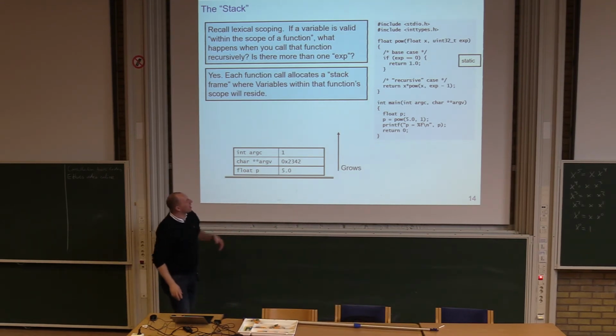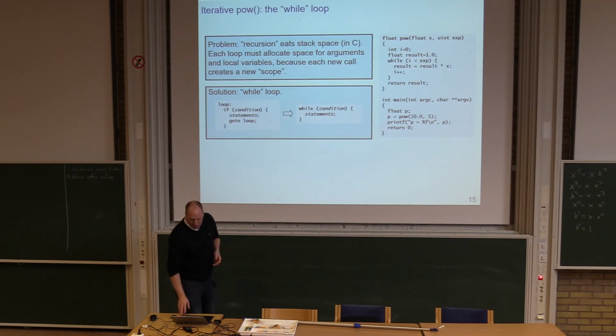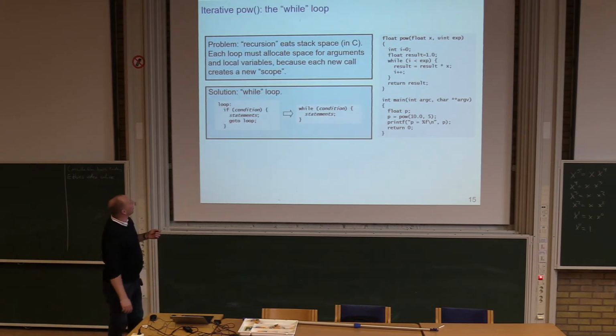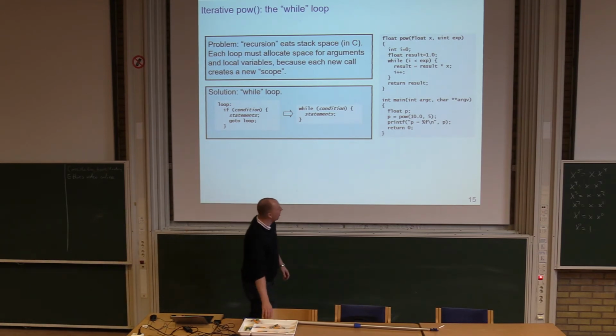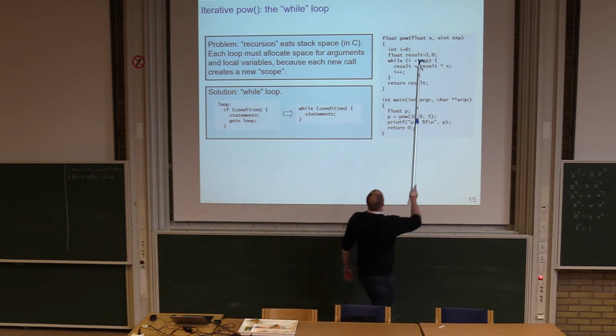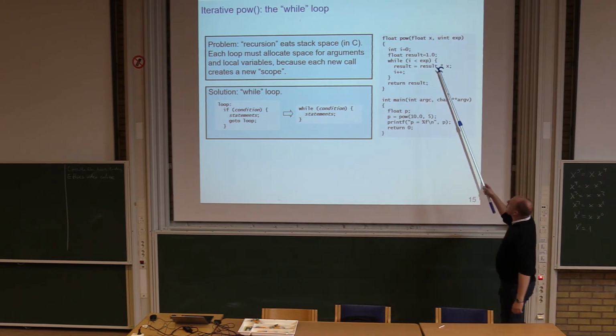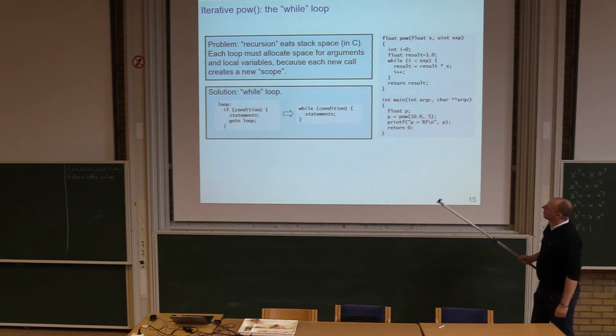So in some cases, it could be better to rewrite it in some other form. Taking the same example again, we could do it without having the recursion at all. We can, for example, rewrite the power function with a while loop instead.